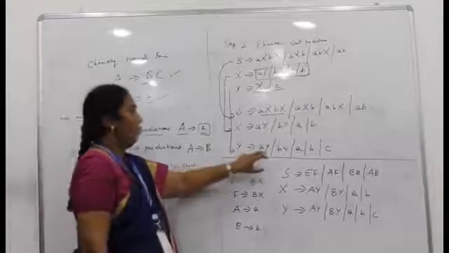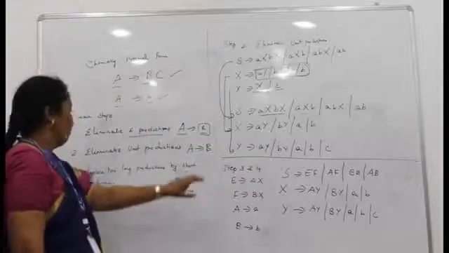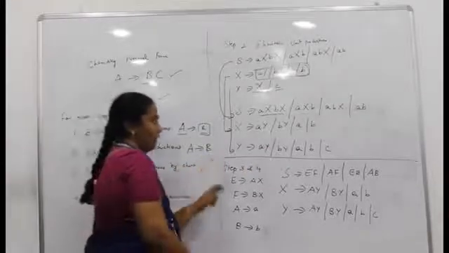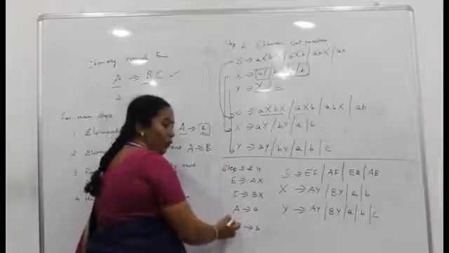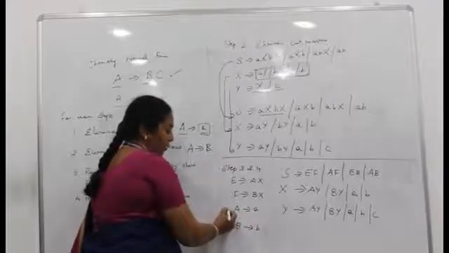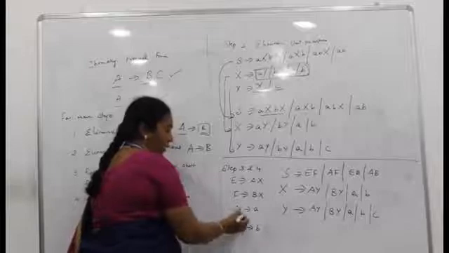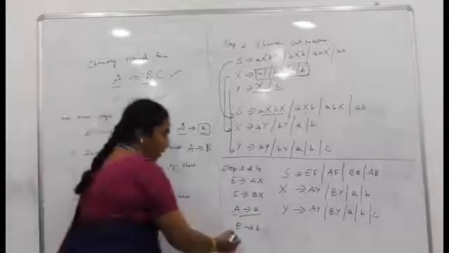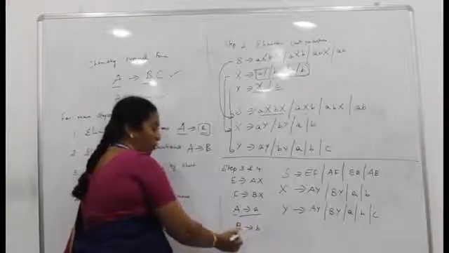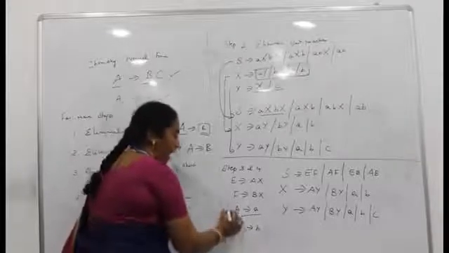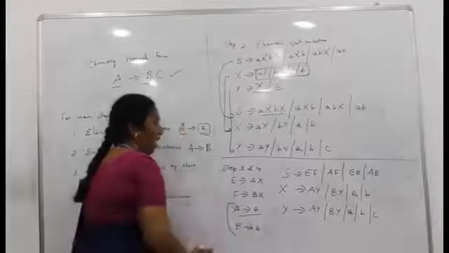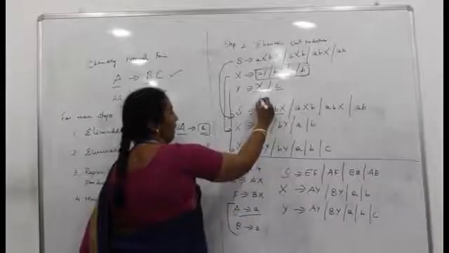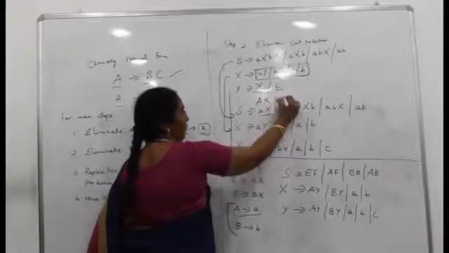So in step 4, what we are seeing over here is to move the terminals to unit productions. The terminals are going to be moved to unit productions. So I have introduced a production, capital A gives small a, and capital B gives small b. After introducing them, if I replace, it will become AX, BX.